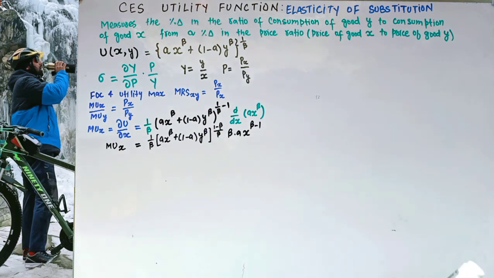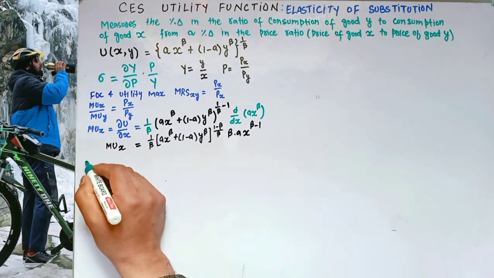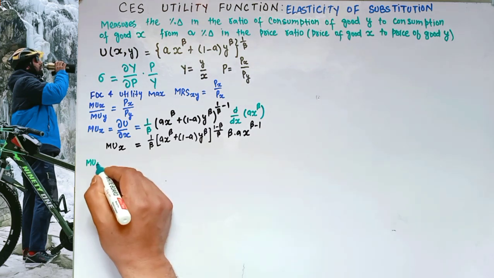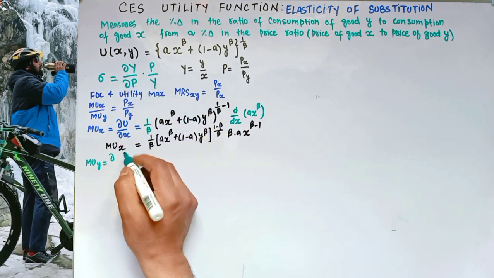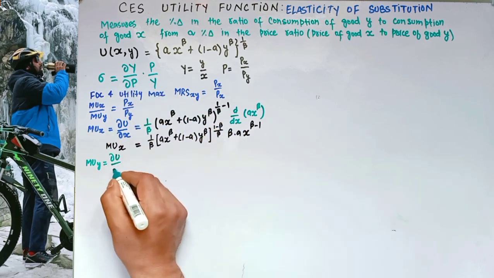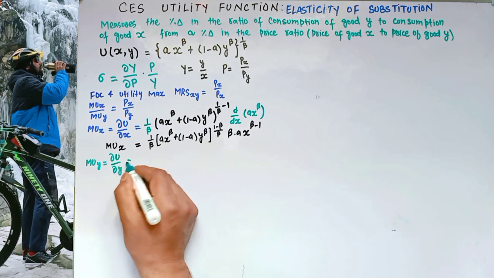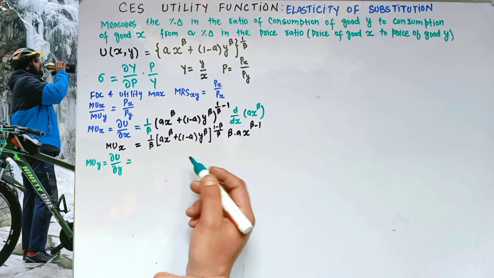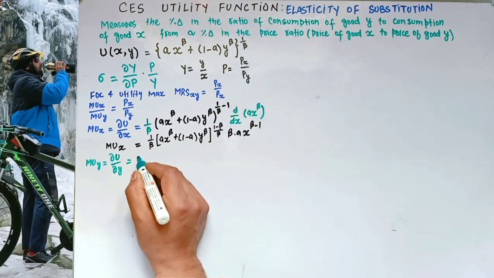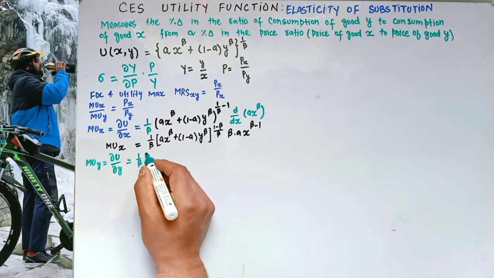Symmetrically, we can calculate the marginal utility of Y. The marginal utility of good Y will be equal to the partial derivative of the utility function with respect to Y this time, again using the chain rule. So 1 upon beta will become the coefficient.